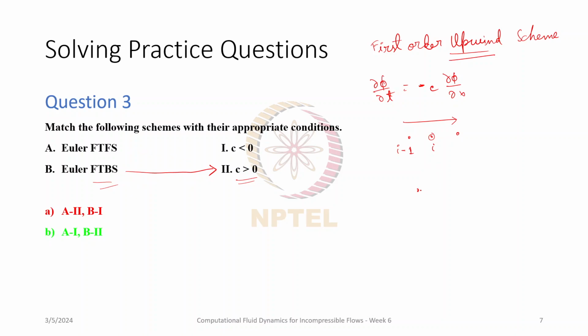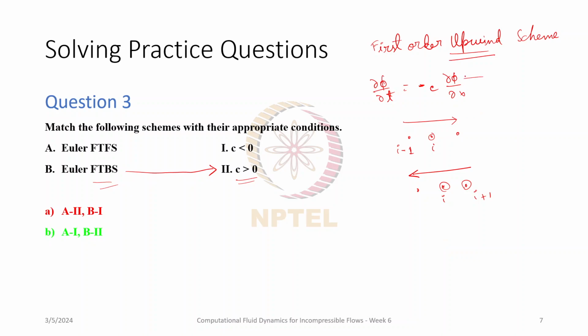And similarly, if C is less than 0, that is if the disturbance is traveling from right to left, once again the idea here is that we need to consider the point upwind of it. So if you are calculating for I, we should consider the point at I plus 1.